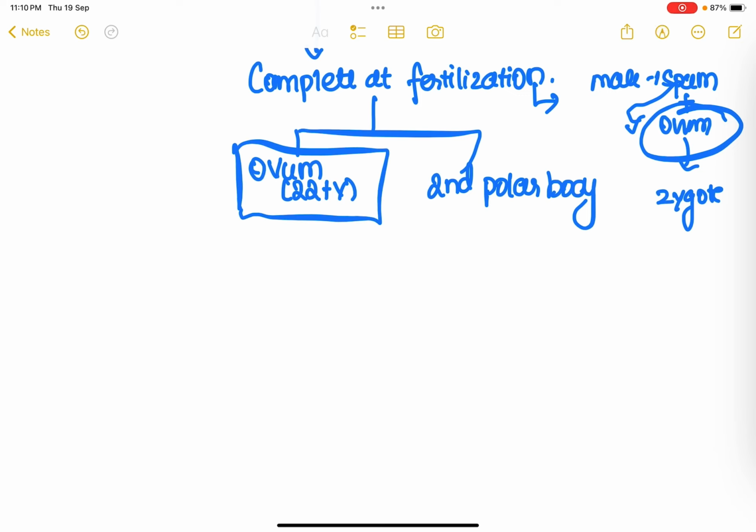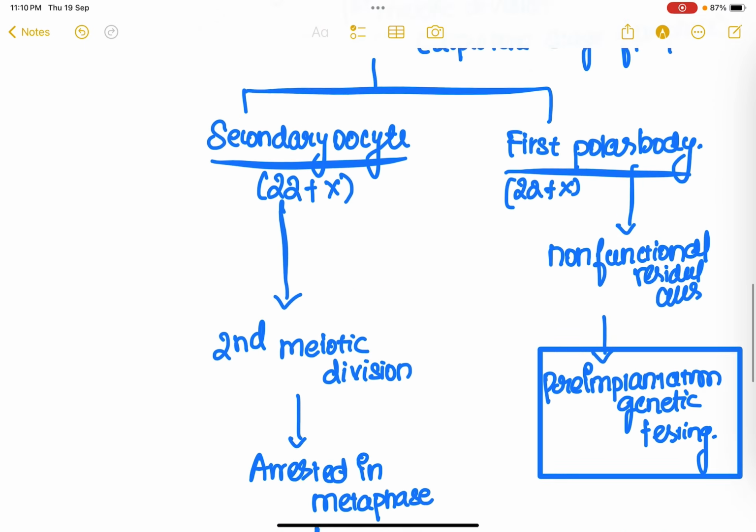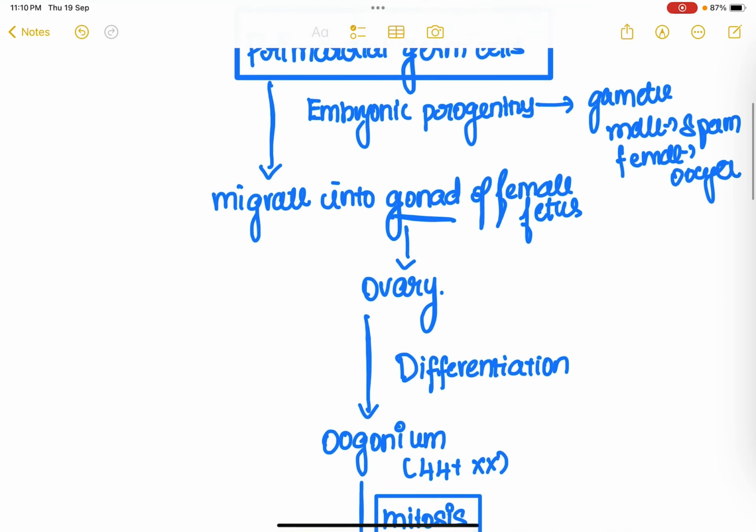Once the ovum is released, the process of fertilization is completed. The second polar body is also 22 plus X, and it is a non-functional residual cell formed during oogenesis. So the ovum is 22 plus X and the second polar body is also 22 plus X. Yes, very good.